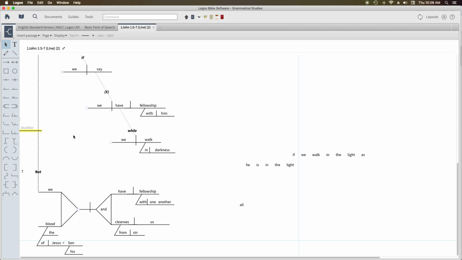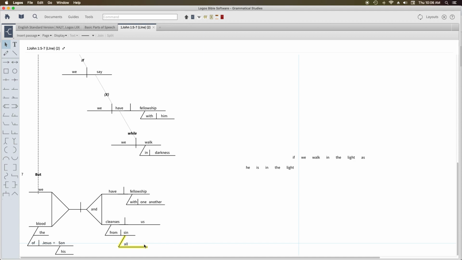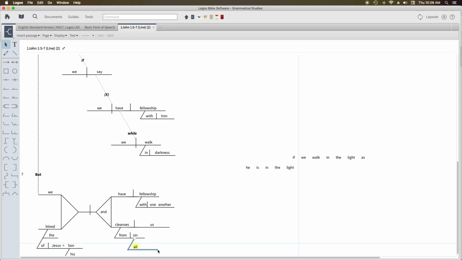That's a modifier in and of itself, so we're going to put that underneath the word sin. And again, if you ever make a mistake, just hit Command Z on the Mac, Control Z on your PC. And so we have the main clause here diagrammed.